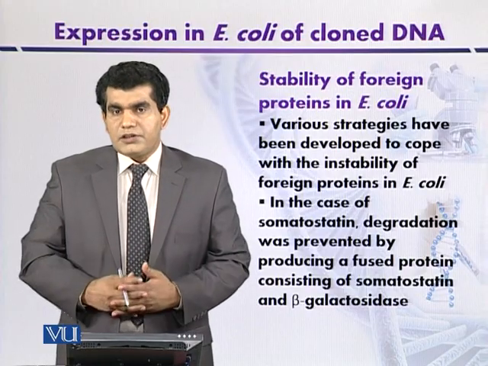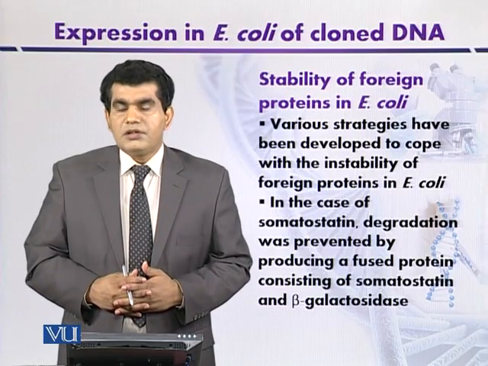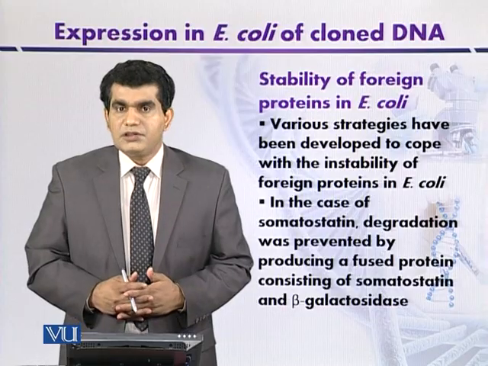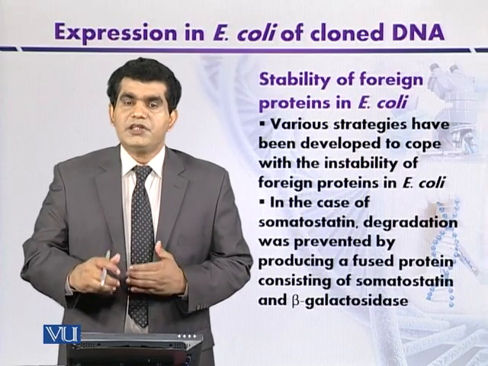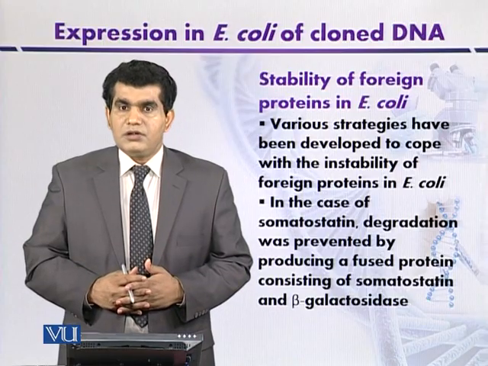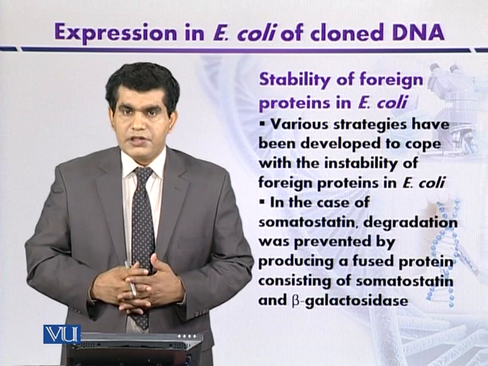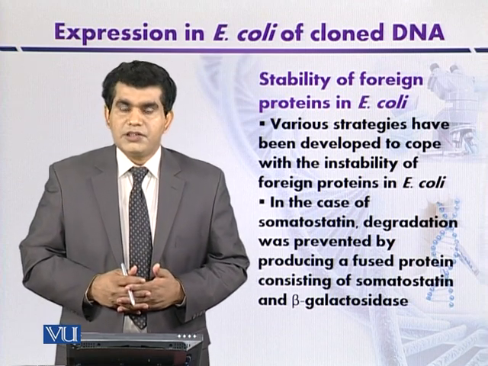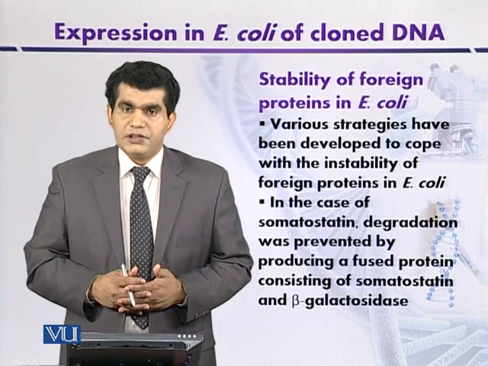In addition to that, if we want more stable foreign proteins, then microbes that are deficient in the sigma 32 factor that mediates the heat shock response can be used to increase the accumulation of foreign protein. Another important protease is CLP protease.